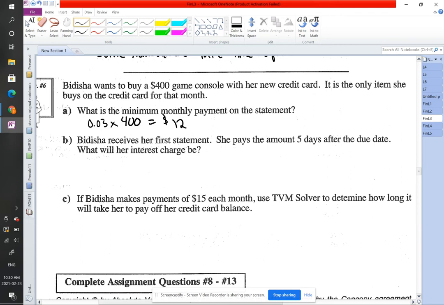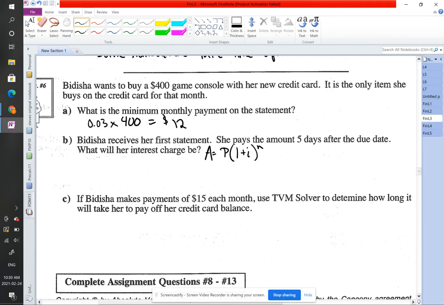Badisha receives her first statement. She pays the amount 5 days after the due date. What will her interest charge be? Okay, this is kind of annoying. We have to use our compound interest formula. Amount is equal to P(1 plus i) to the power of n.